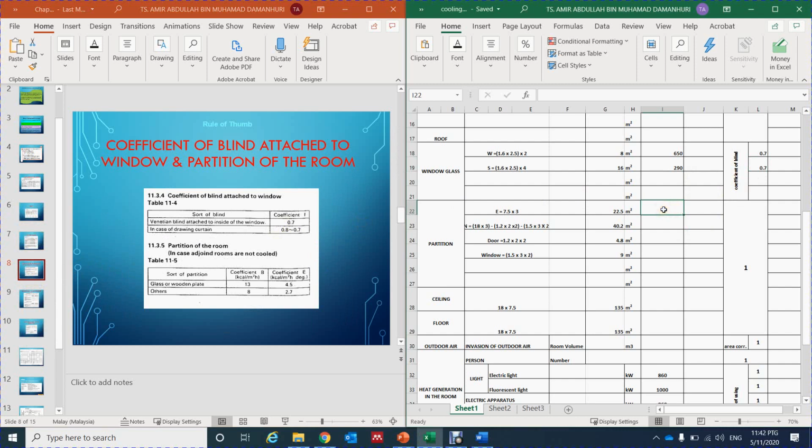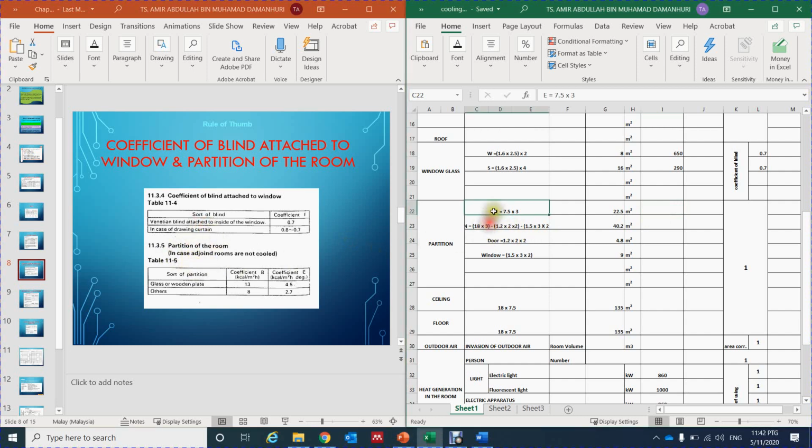So now the coefficient B for the partition, we already know the area here. For the east side, they don't bother whether it is east or north, but I just like to put it there because we want to know the orientation. So now the coefficient B that we should put here, for example, is for the partition.